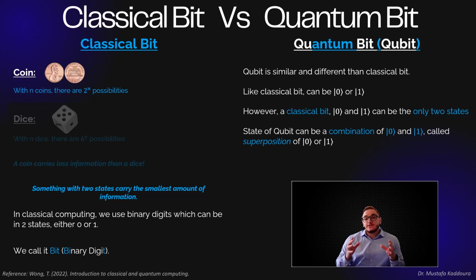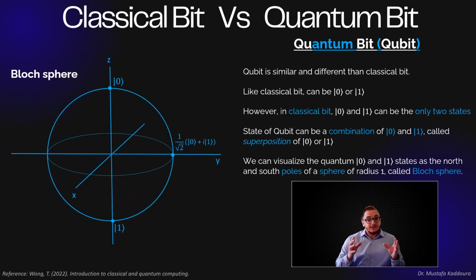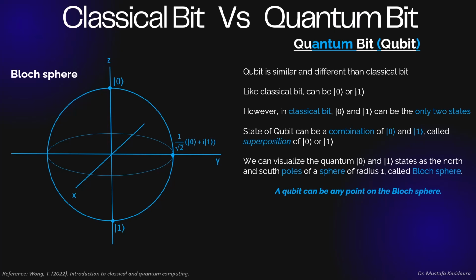We can visualize the quantum 0 and quantum 1 states as the north and south poles of a sphere of radius 1, which we call Bloch sphere. A qubit can be any point on the Bloch sphere. For example, consider a point that sits on the equator, which is halfway between 0 and 1.